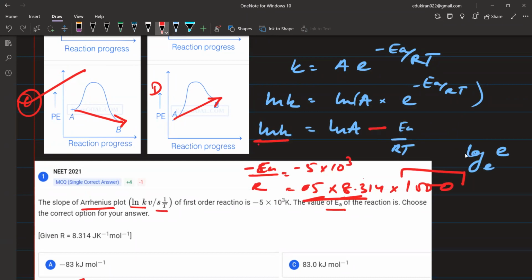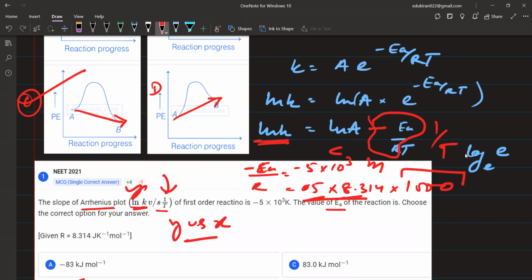Now ln K is my Y. ln A is a constant, so it will be C, the intercept. Minus EA upon R will be equal to the slope, that is M, and 1 upon T is X. Y versus X, so what is X? 1 upon T. So your slope will be minus EA upon R.